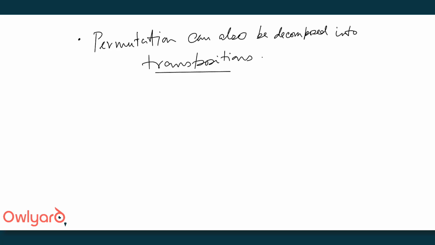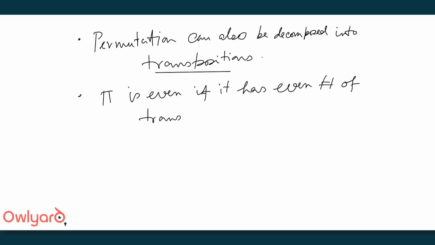Now there exists a similar criterion that is pretty straightforward. From the exercise that we had done, a permutation pi is even if it has an even number of transpositions, and odd otherwise.